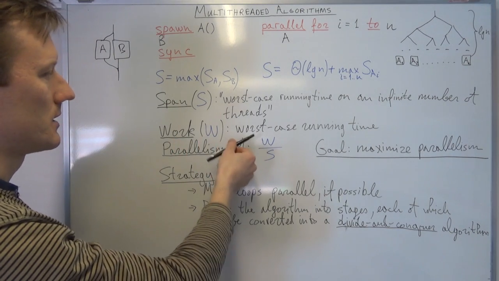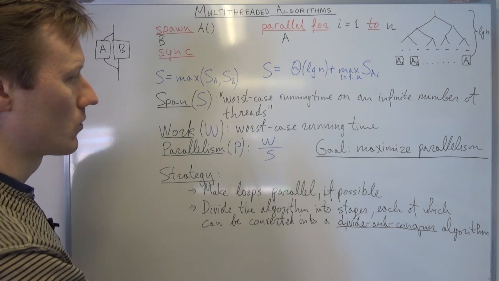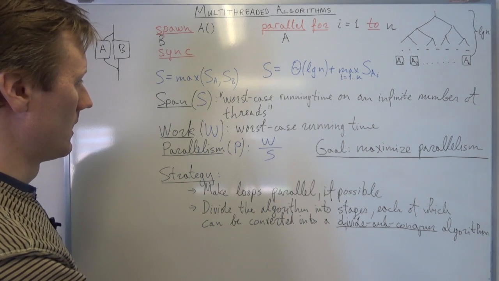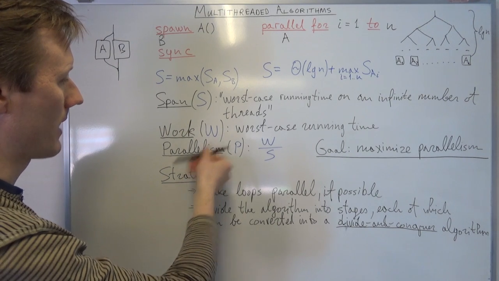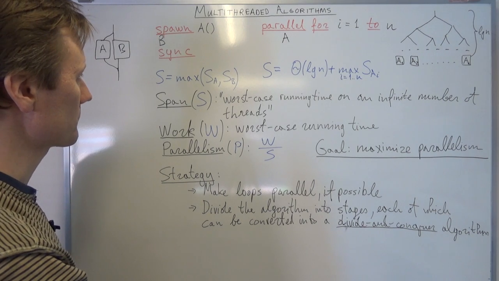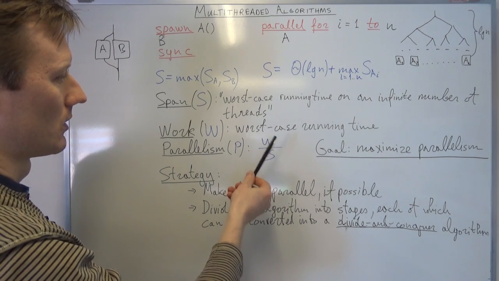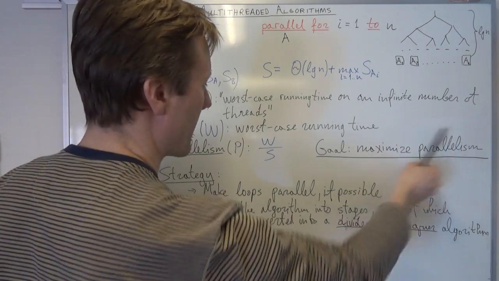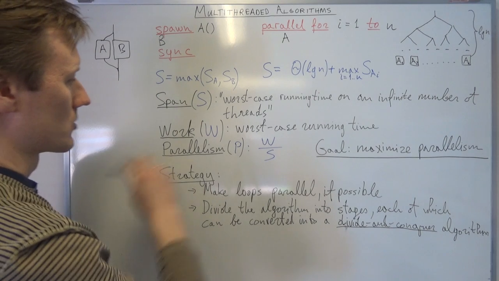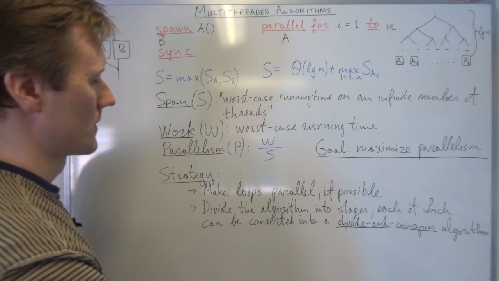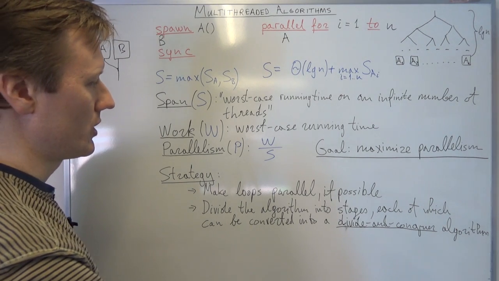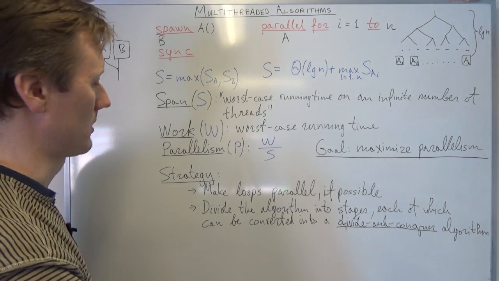The work is just the plain old worst case running time on a sequential computer. And then the parallelism is the work divided by span. And the goal of the algorithm design is to maximize parallelism so that the algorithm can use the parallel capabilities of the machine that runs it as much as possible.